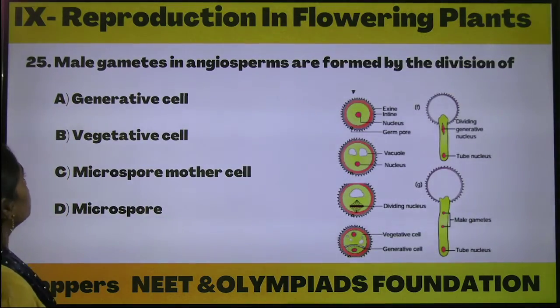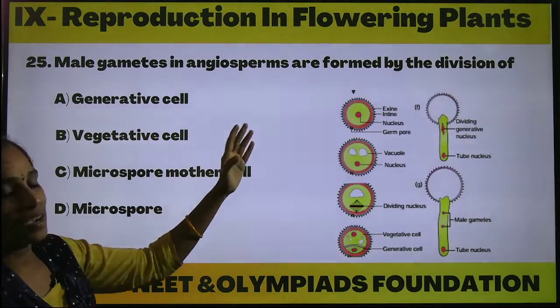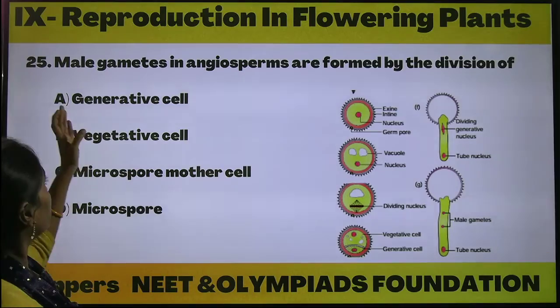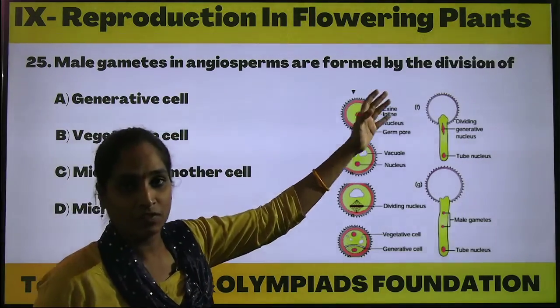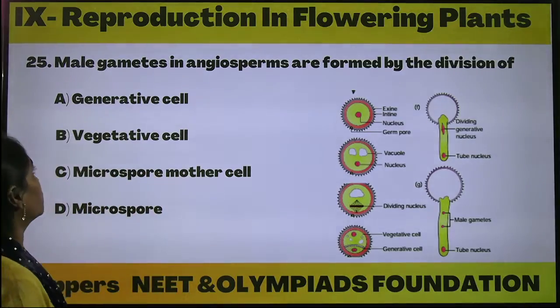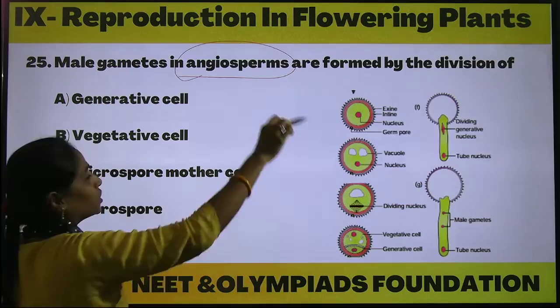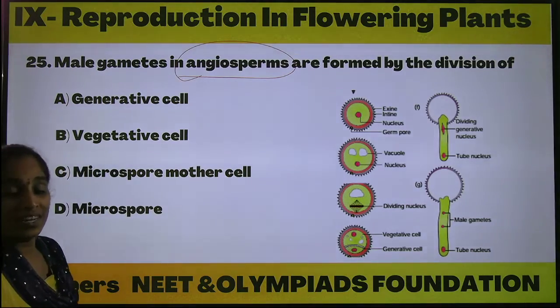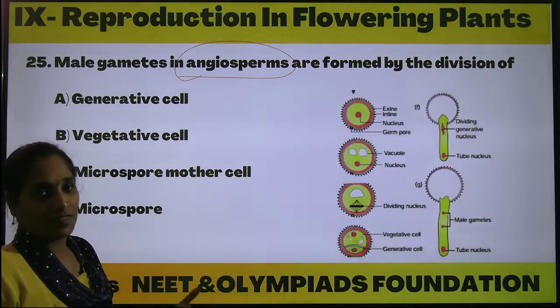Coming to the next question, male gametes in angiosperms are formed by the division of. In the angiosperms, the seeds are enclosed within the fruits, so they are considered flowering plants.